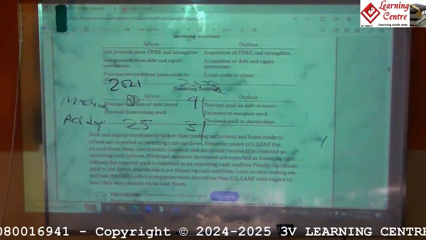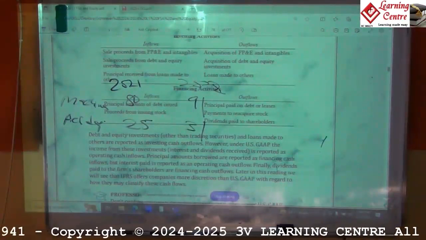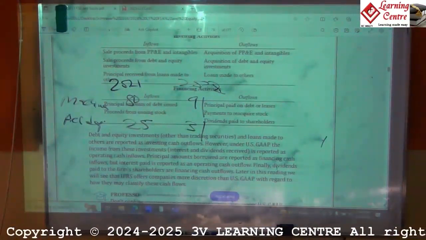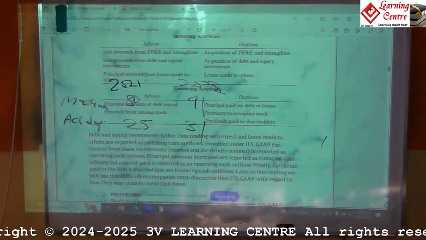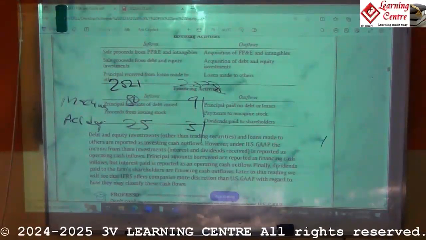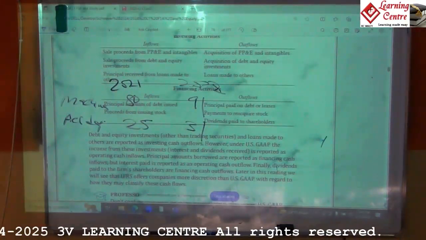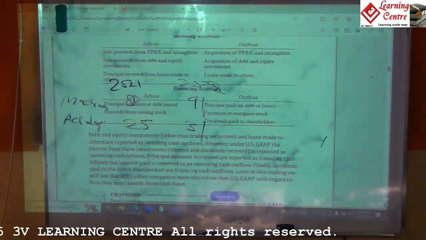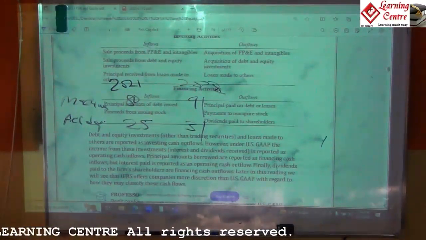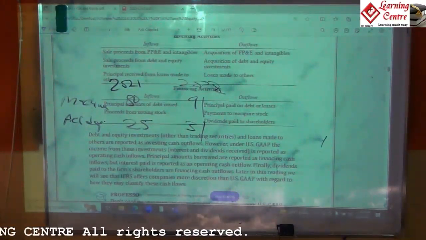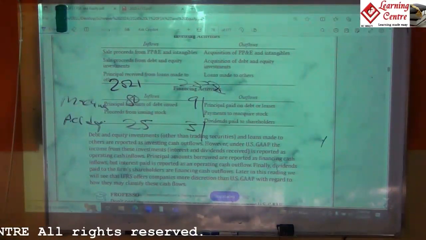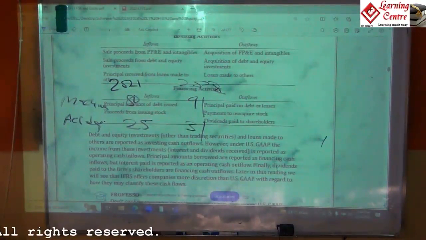How much did the company receive in cash from the sale of it? So what we just did is use the same formula: historical cost minus depreciation of equipment plus gain on sale of equipment. So what's our historical cost?